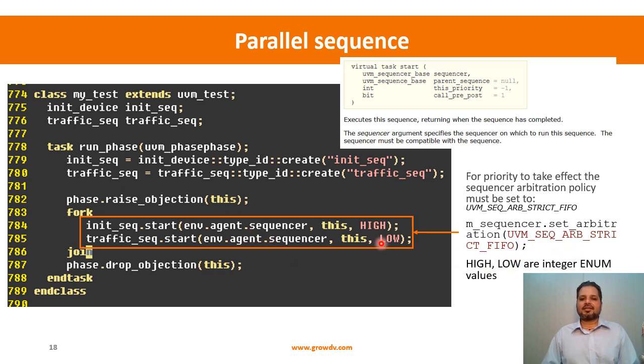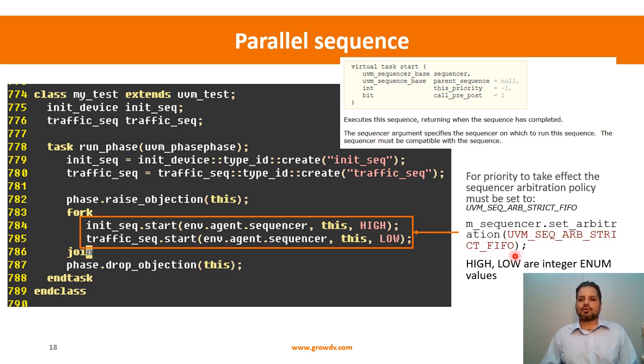Why I am emphasizing that is that since I am setting the init sequence priority to be high, as long as the init sequence has a sequence item to send, it will be selected over the traffic sequence. That's how the initialization will take place first, and then the traffic sequence will start, and we accomplished that using this priority field.